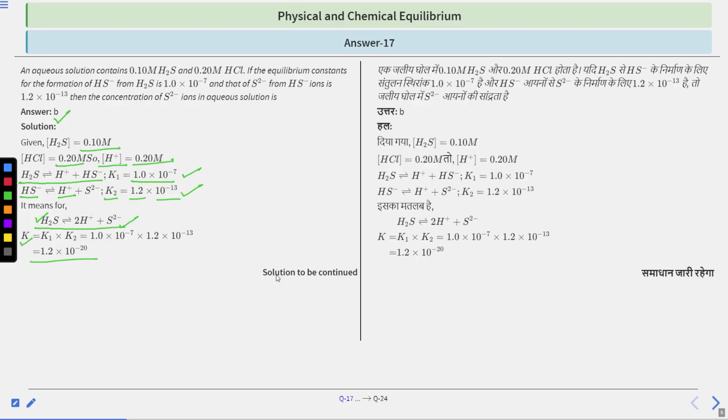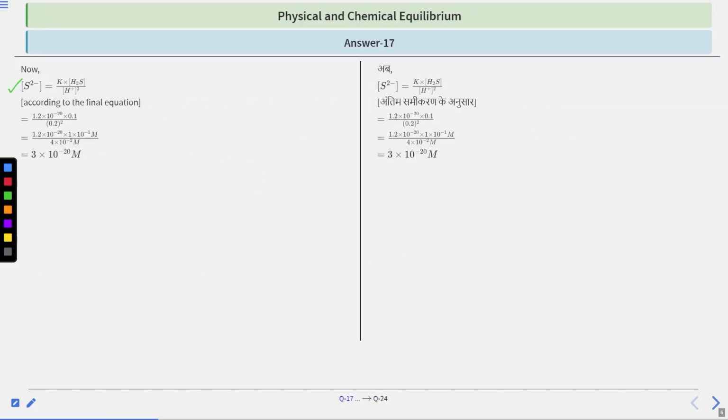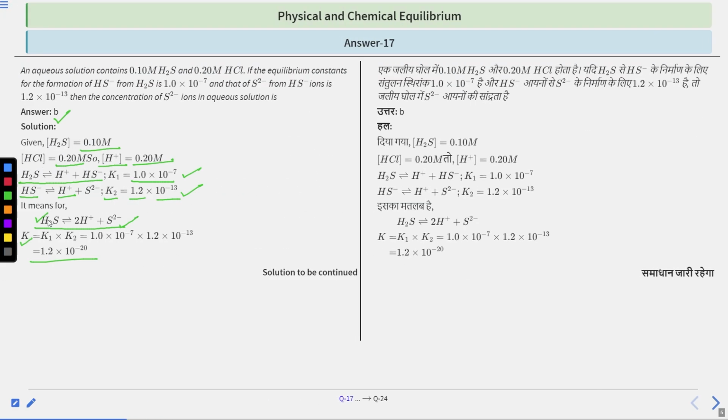Now S2 negative concentration will be equal to K into H2S divided by H positive to the whole square. We write this equation by looking at the final equation: H2S giving 2H positive and S2 negative. K for this reaction is 1.2 into 10 to the power minus 20, and K equals the product of concentrations of products divided by the product of concentrations of reactants.